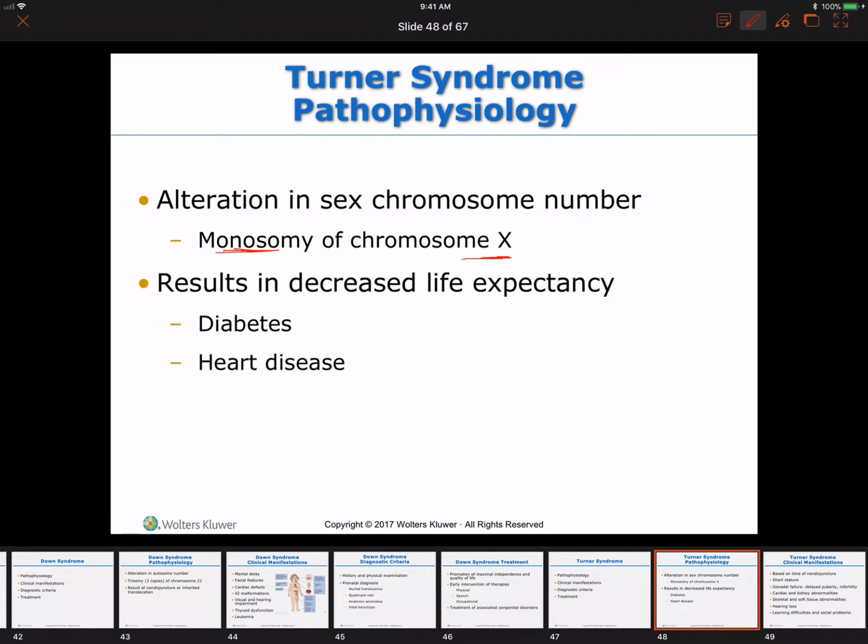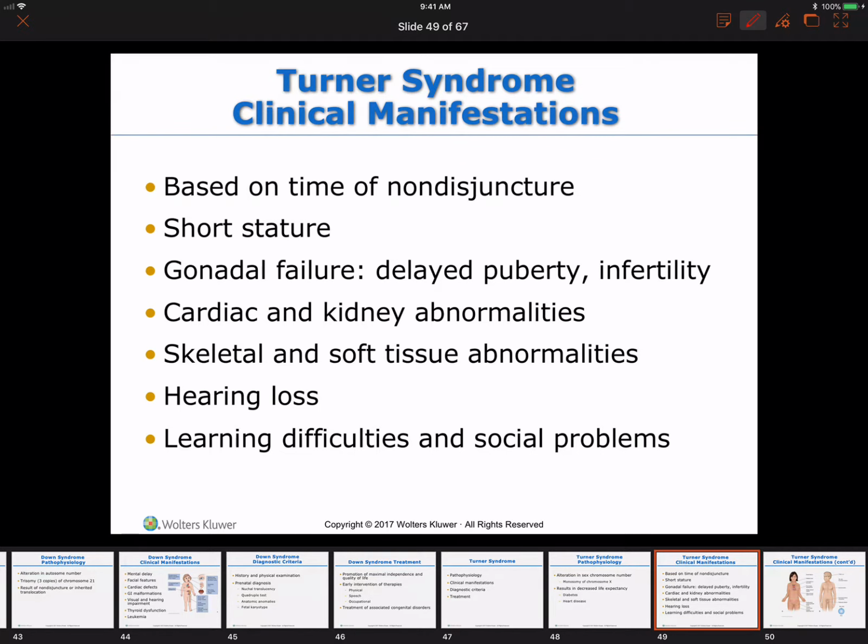The risk of diabetes, heart disease would increase. These individuals may have short stature, may have gonadal failure, which could manifest with infertility, delayed puberty, cardiac anomalies, hearing loss, and usually learning difficulties as well.